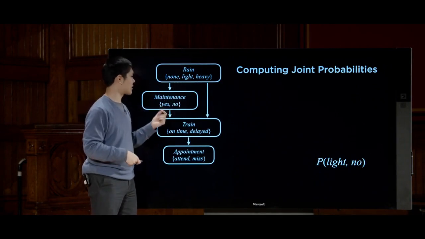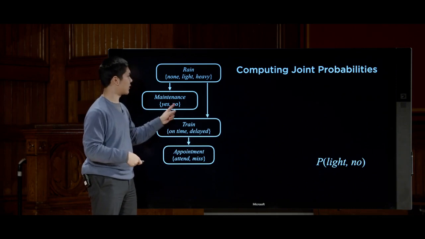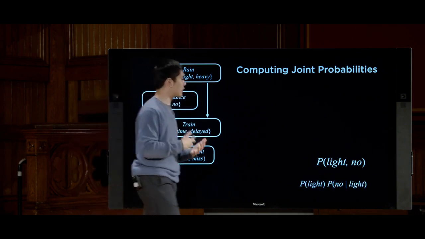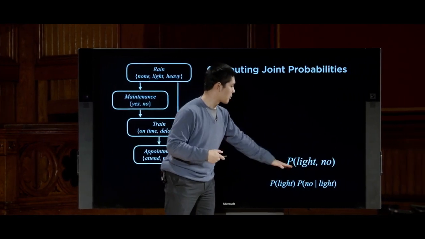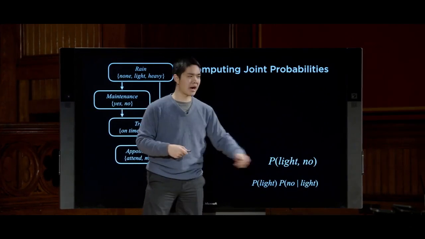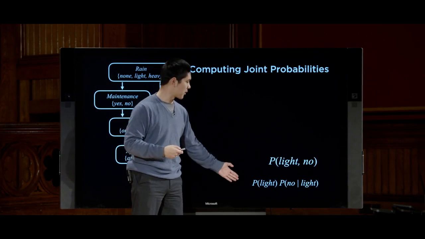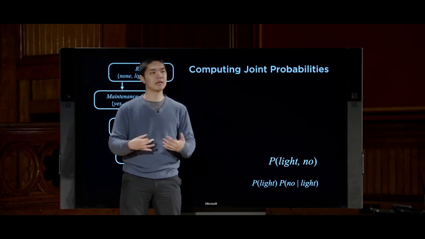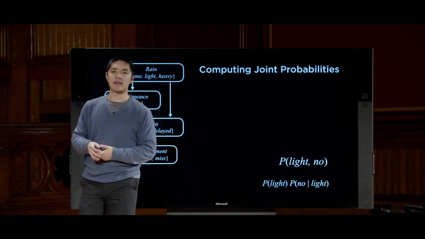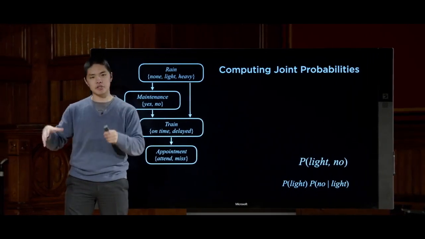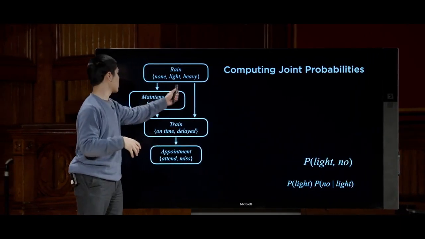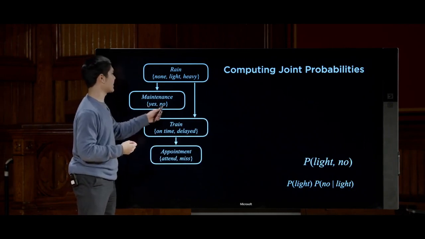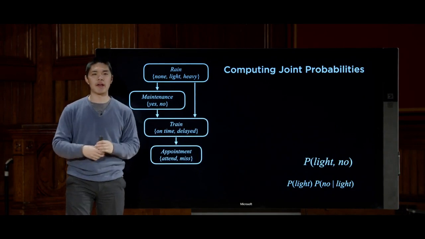So what I really want is the probability of no track maintenance, given that I know that there was light rain. And so the expression for calculating this idea, the probability of light rain and no track maintenance, is really just the probability of light rain and the probability that there's no track maintenance, given that I know that there already is light rain. So I take the unconditional probability of light rain, multiply it by the conditional probability of no track maintenance, given that I know there's light rain.